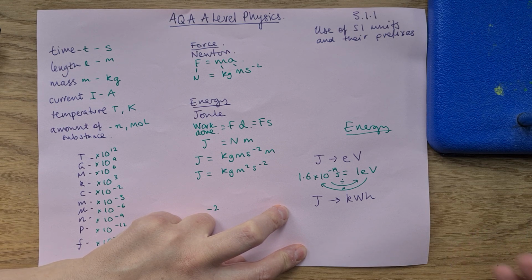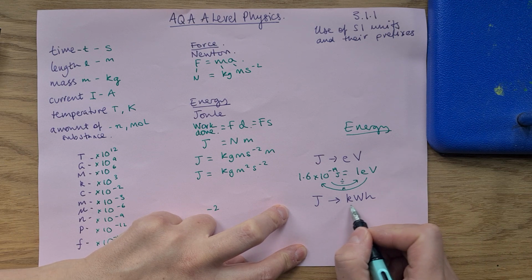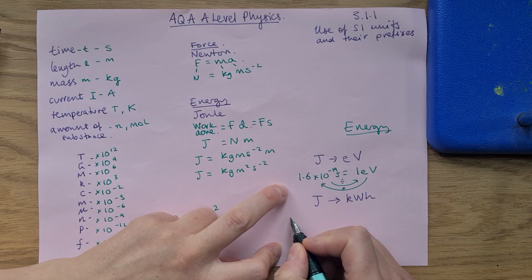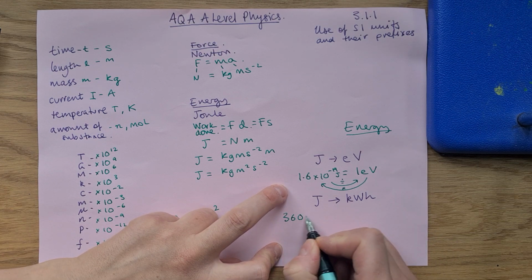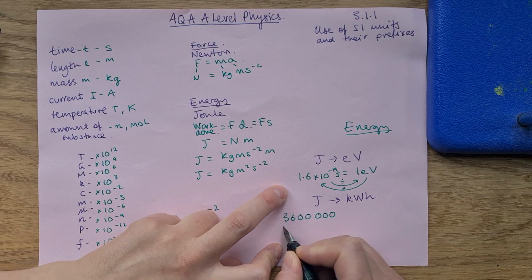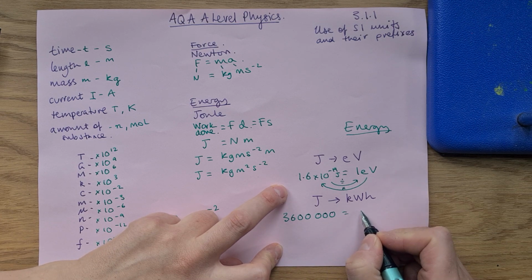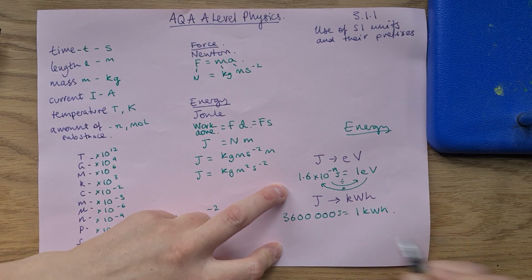So it's 60 times 60. So it's 3,600. And then if we add in the kilo, we multiply that whole thing by 1,000. And we get 3,600,000. So this is from the seconds and hours, and that's from the kilo, is equal to 1 kilowatt hour.